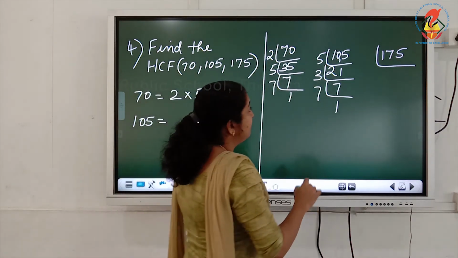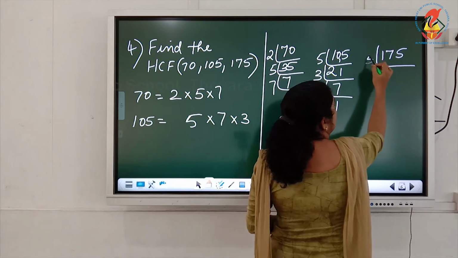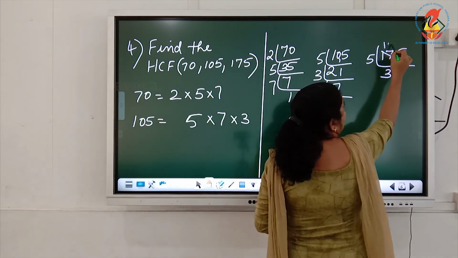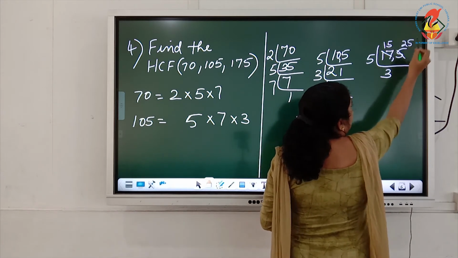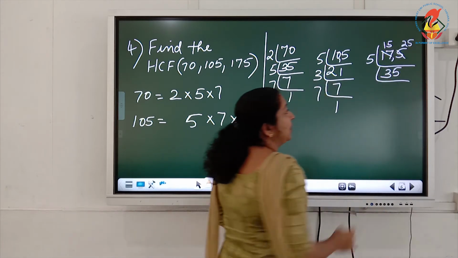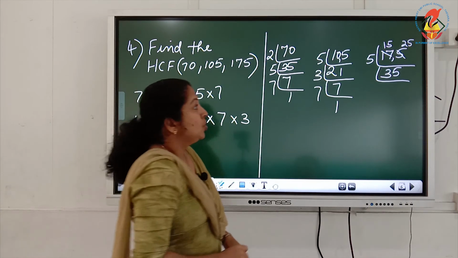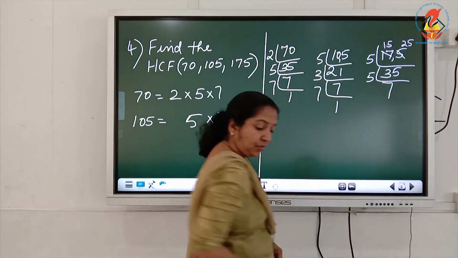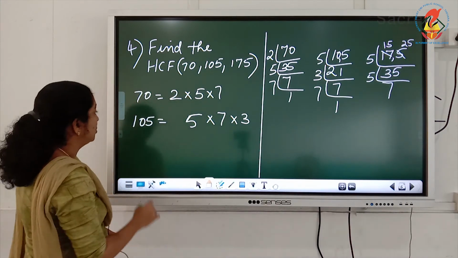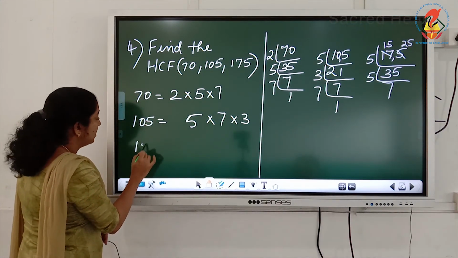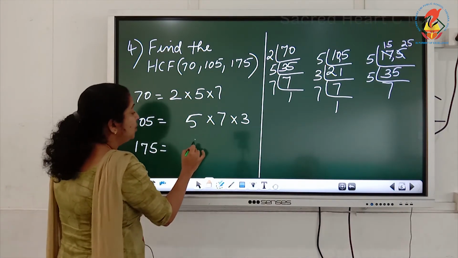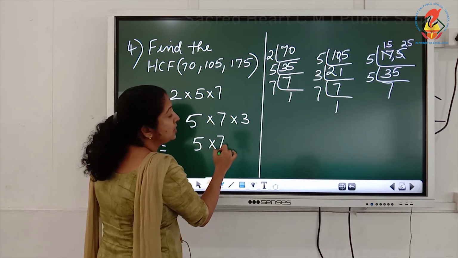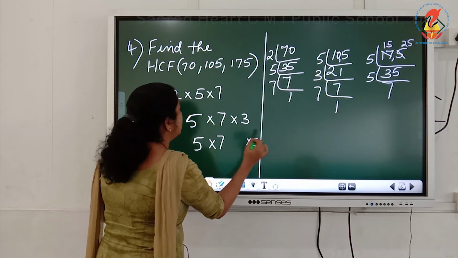Then 175. Again we can take 5, 5 3s are 15, so 25, 5 5s are 25. So next is 5, 7, 5 into 7. So we can write 175 is equal to 1 5 you can write along with this and 1 7 you can write along with this and one more 5 you can write here.